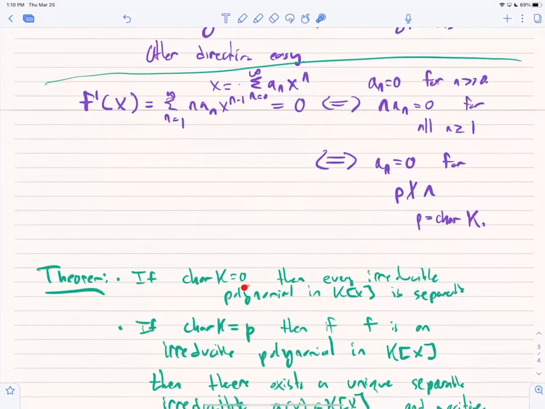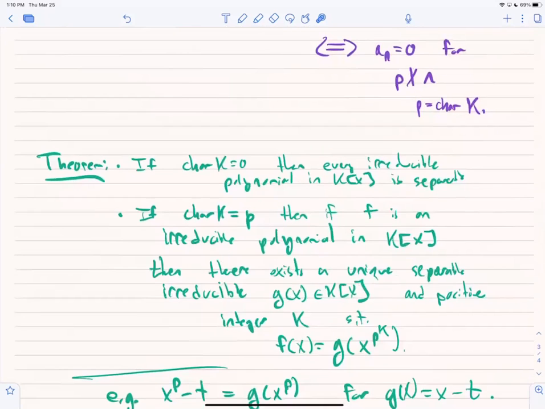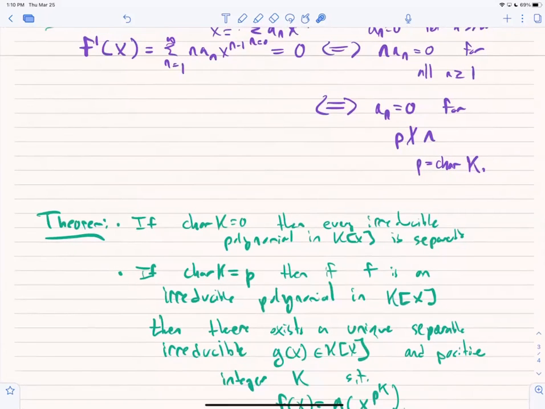But then in characteristic 0, a polynomial of degree at least 1 has non-zero derivative. Only constant polynomials have 0 derivative. So that gives the first part. And then the second part just comes from the fact that we saw the only way you can get a 0 derivative is exactly if only powers of p are appearing.